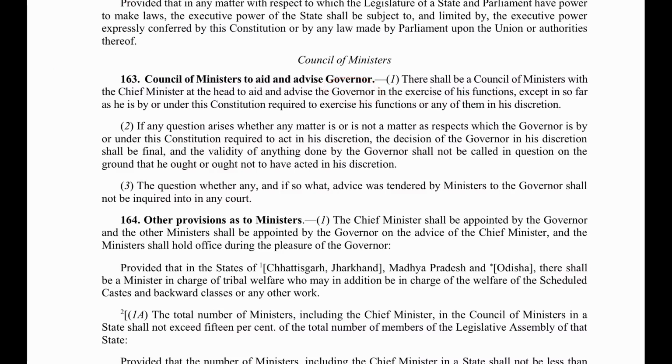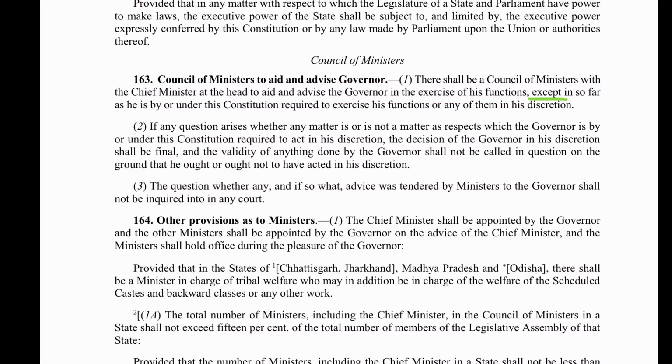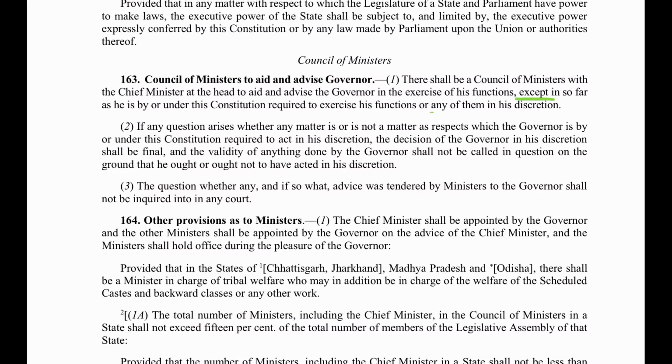A condition is given: except in so far as he is by or under this Constitution required to exercise his function in his discretion. So the discretionary power is there with the Governor. It was not with the President. The President is bound to act according to the advice.